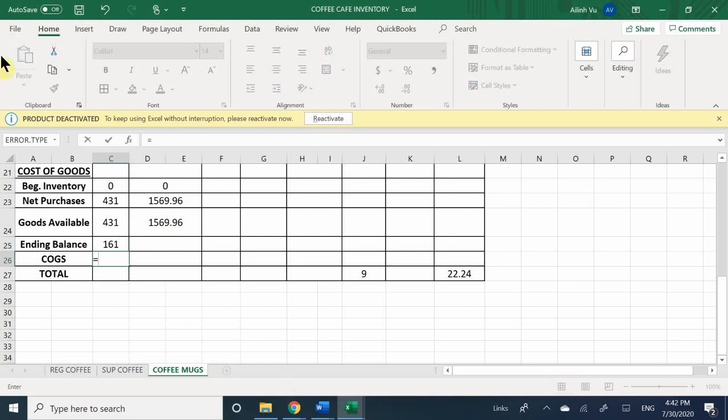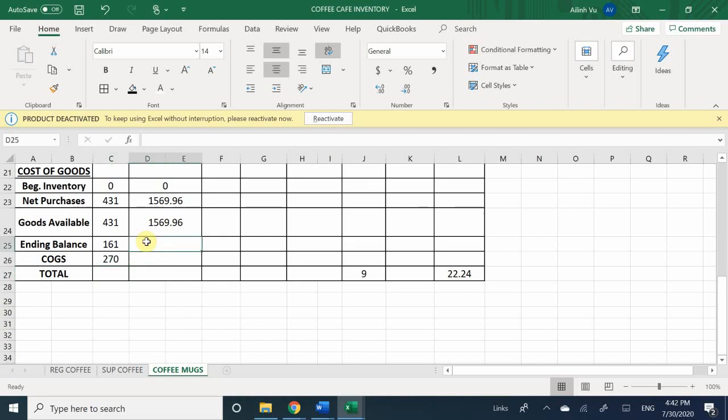How do we know how many we sold? 431 minus 161 is 270 sold. Good. Now, do you want to calculate how much we sold or how much we have left in inventory? It doesn't really matter.